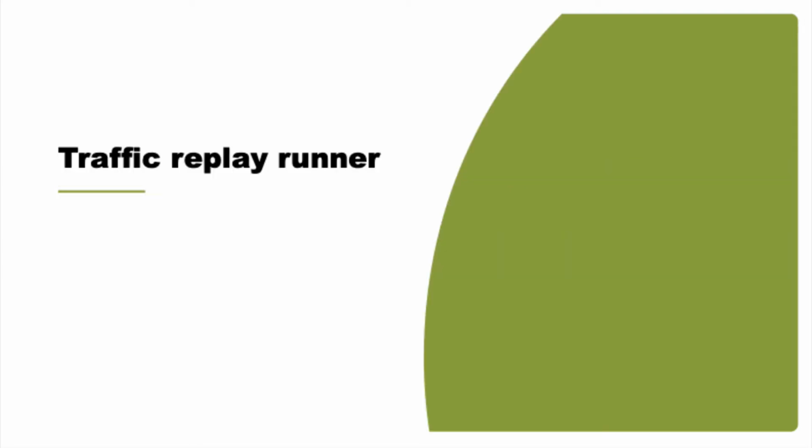So one of the ways that we've actually been trying to figure out whether or not we've actually improved anything is using our traffic replay runner. And we wrote this a few versions ago, but actually we haven't really been using it that much. It's only been in this last year or so that we've really tried to push using this.